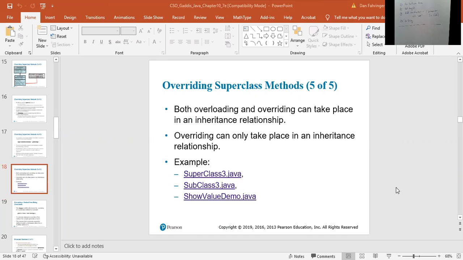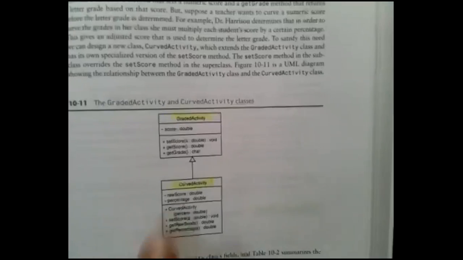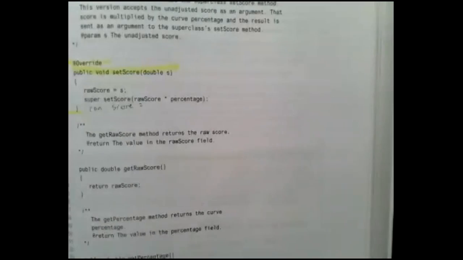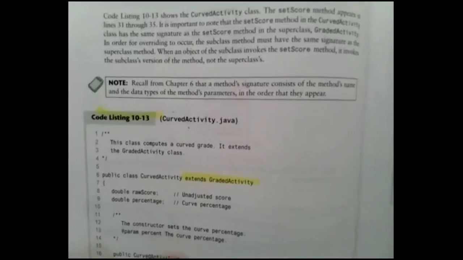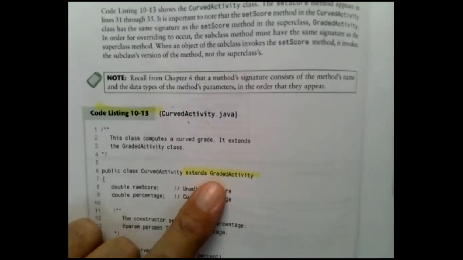Okay. And there was an example in the textbook, and it was the graded activity and curved activity. And if I switch to the book, here it is again. And you actually typed in code listing 10-13, which was called curved activity, and curved activity extended graded activity.